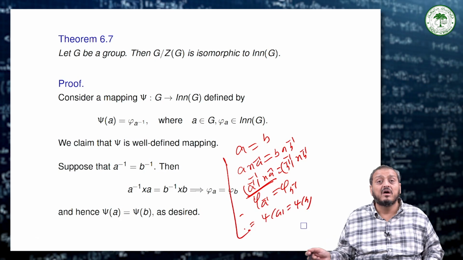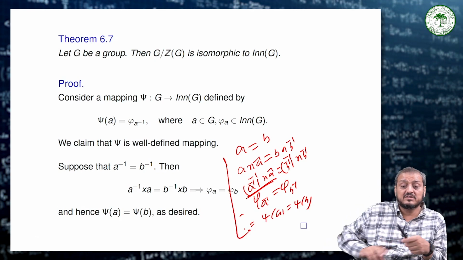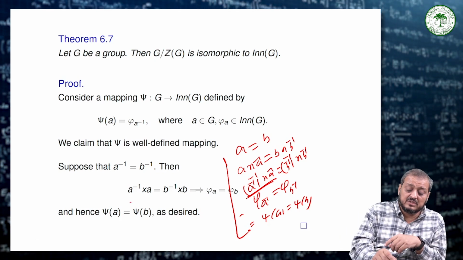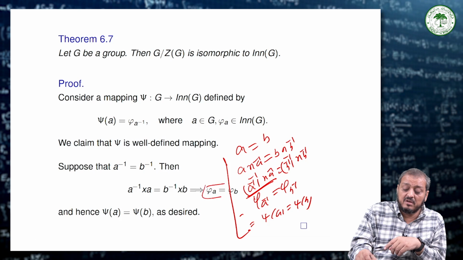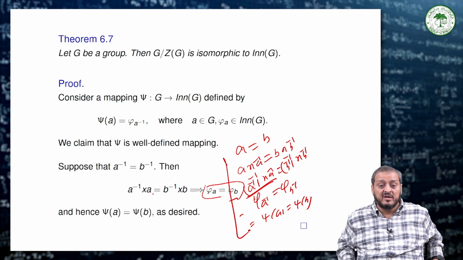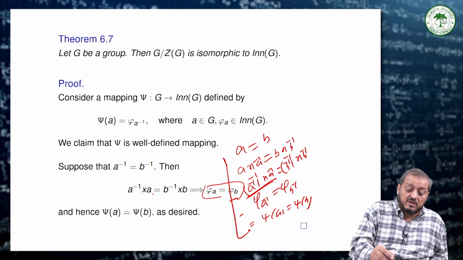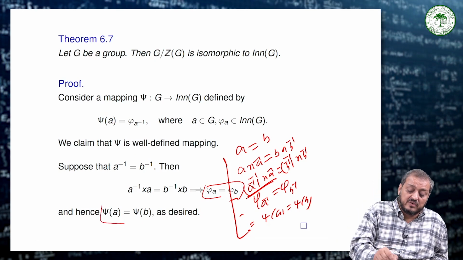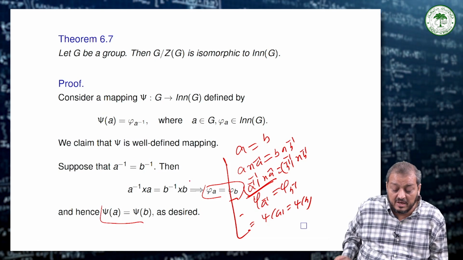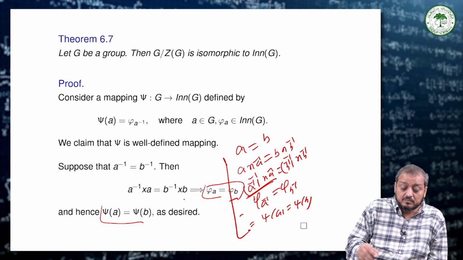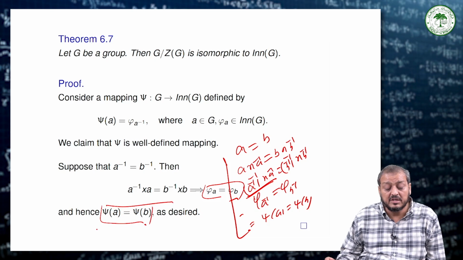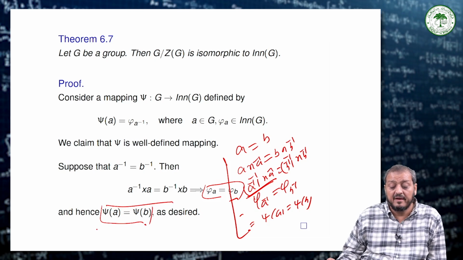So this completes showing that this psi is well defined. Or you take a inverse, b inverse, then again these two are equal, and we can say that this is phi of a, psi of b, and phi of b. So this means we have to write it into this form. So this is phi of a, psi of a, and psi is well defined.